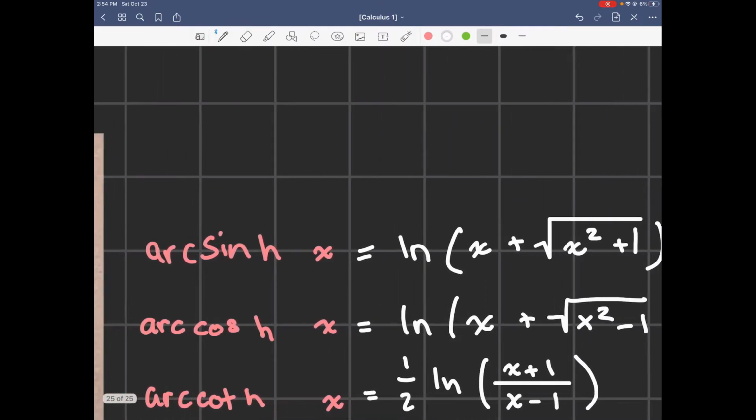So, this is the inverse, so that means that whatever input you'll have for the normal sine hx, that gives you y or anything like that.